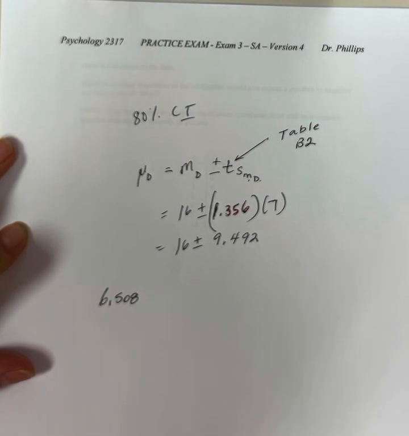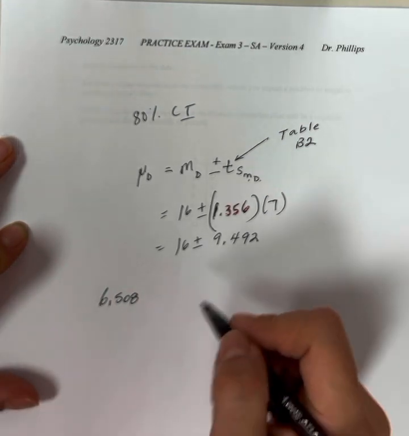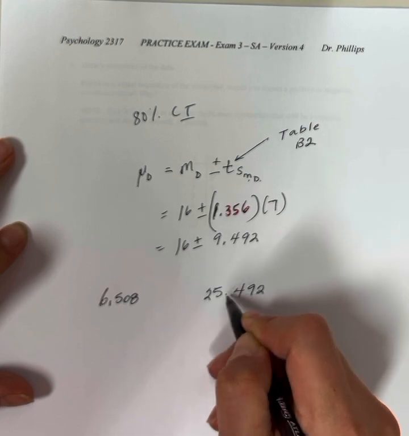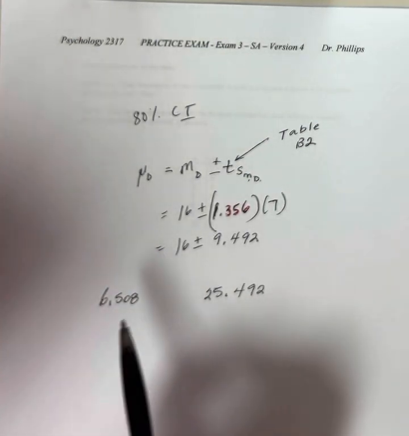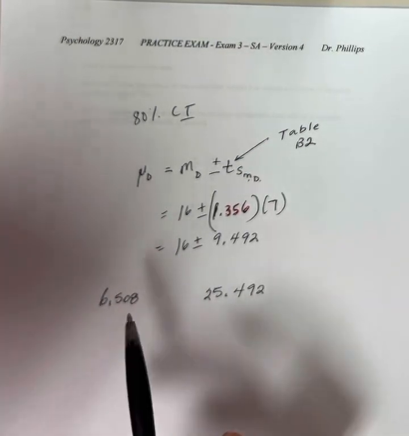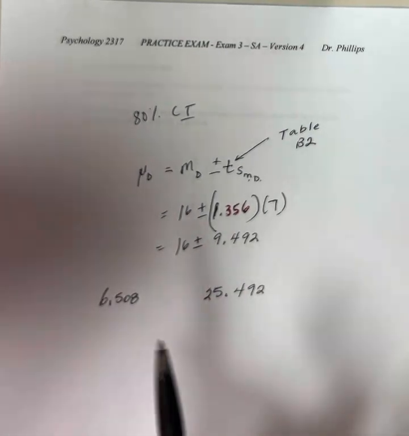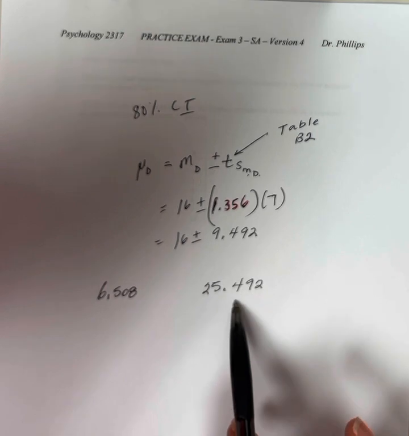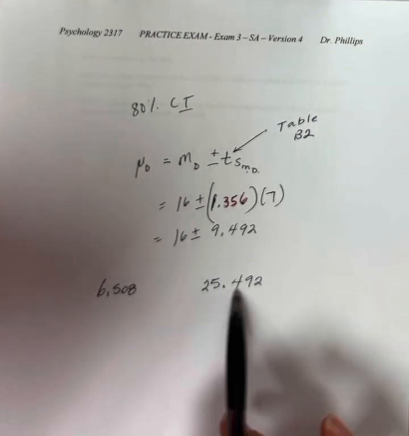And if we take 16 plus 9.492, we get 25.492. So we are 80% confident that the true value of the mean difference is somewhere between 6.508 and 25.492. All right.